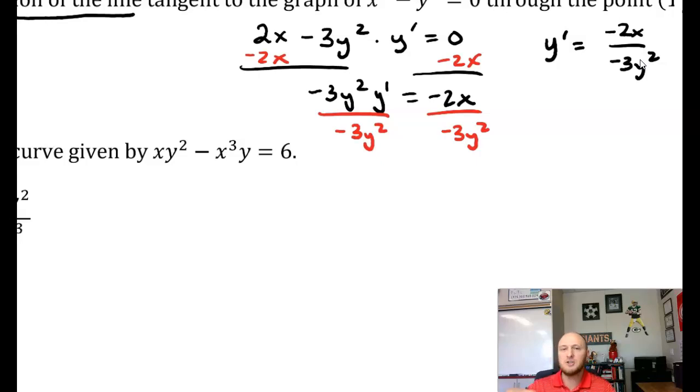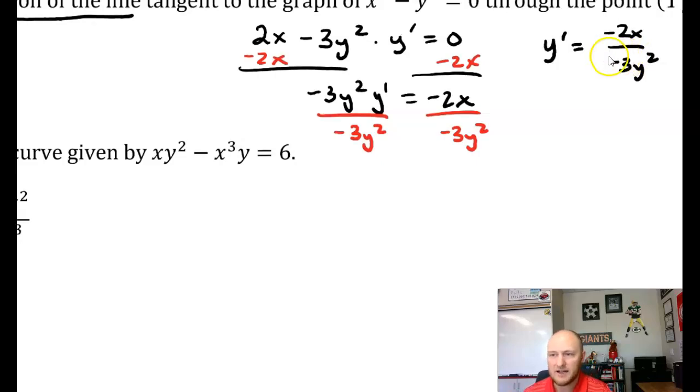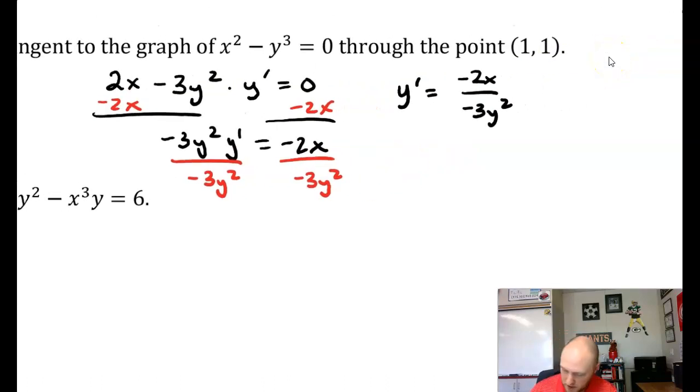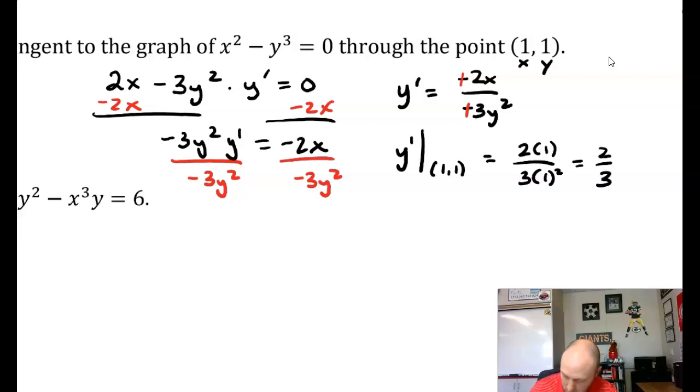Okay, so that's my general slope, but I want it at a specific point. I want it at 1, 1. So there's an x and there's a y. So y prime evaluated at 1, 1 is going to be equal to, I'm just going to get rid of these two negatives, right? Two negatives make a positive. So 2 times 1 divided by 3 times 1 squared, which just gives us 2/3.